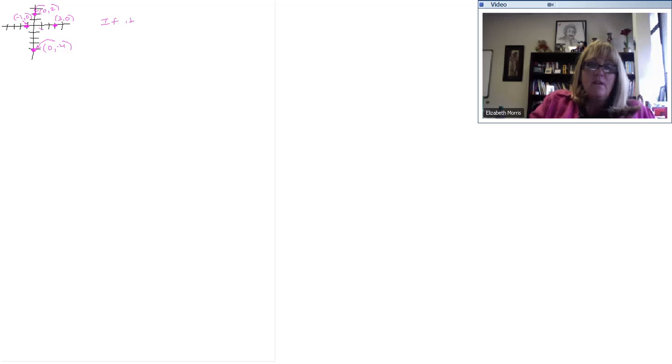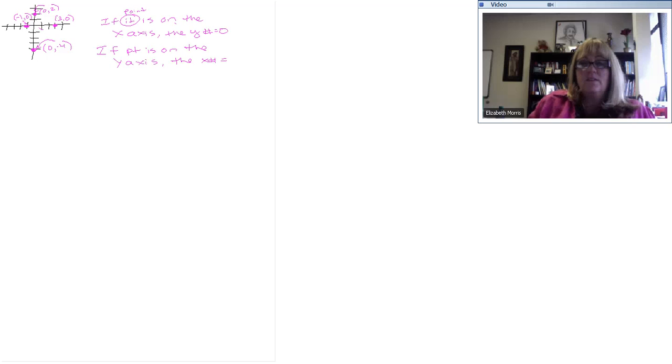If a point is on the x-axis, the y-coordinate number is equal to 0. Notice that? If the point is on the y-axis, the x number is equal to 0.